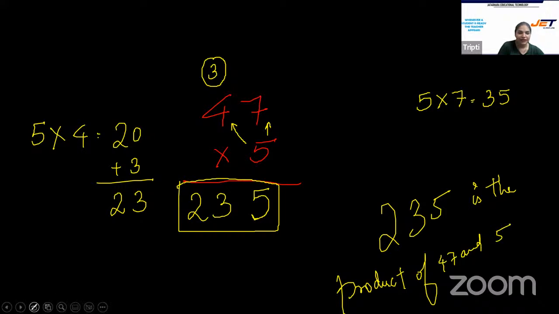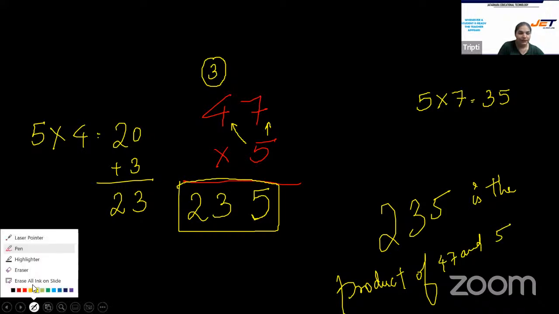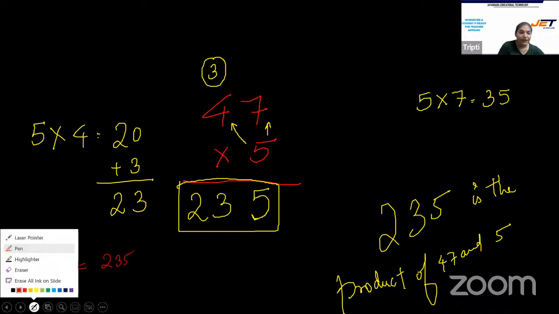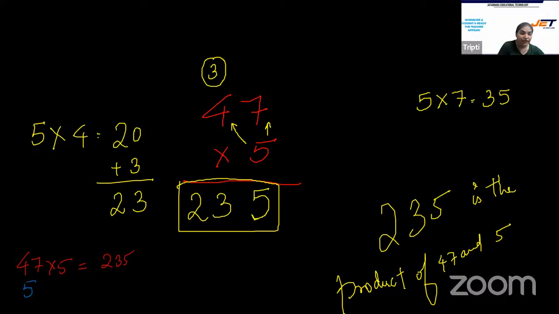I can also write it as 47 times 5 is equal to 235, or 5 times 47 will give me 235. Both ways it is correct.